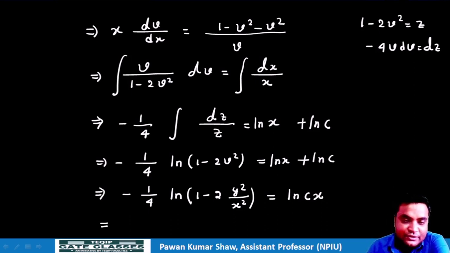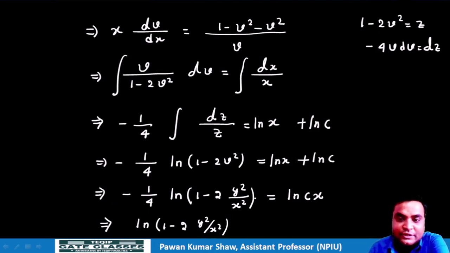So after simplification, what we will get, we can write this 4 here, so we can write our log of 1 minus 2 y square by x square, and this minus 1 by 4 we can bring to the right hand side, so we can write simply minus 4 and log Cx.